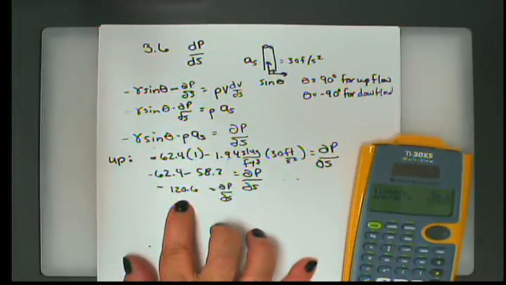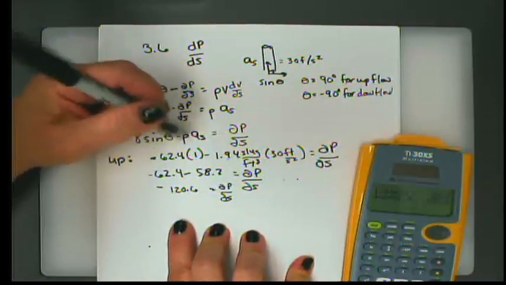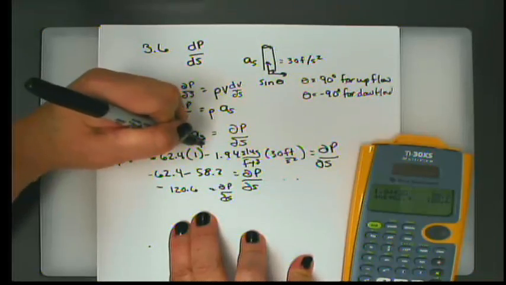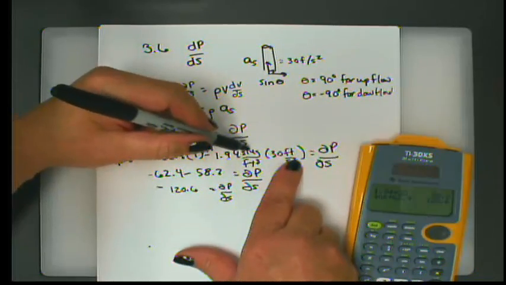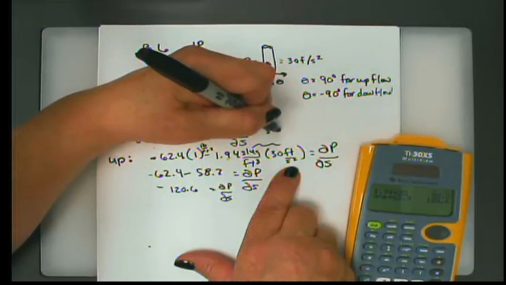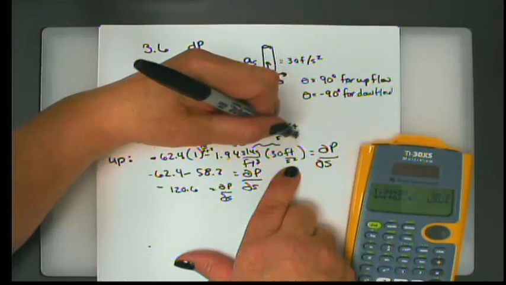I would just have a sign change for if it's moving downward, but we need to make sure that our units are correct. 62.4 is going to be in pounds per cubic foot. And this, we have slug feet per second squared per foot cubed.